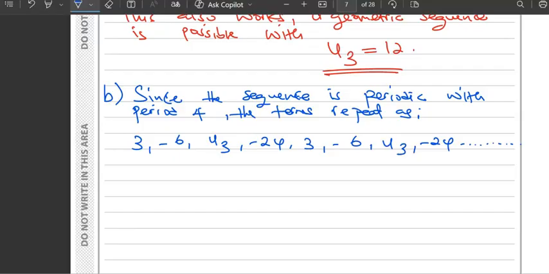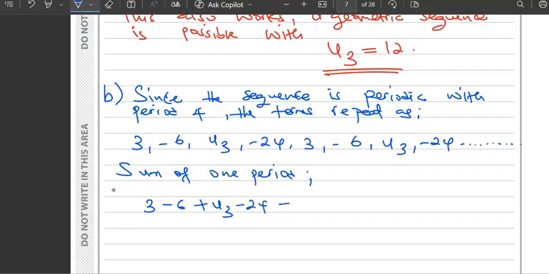So this means that we can try and get the sum of just one period. What is the sum of the first 4 terms? That gives us the sum of one period, because if it repeats itself, then the sum of one period will be 3 minus 6 plus u3 minus 24.